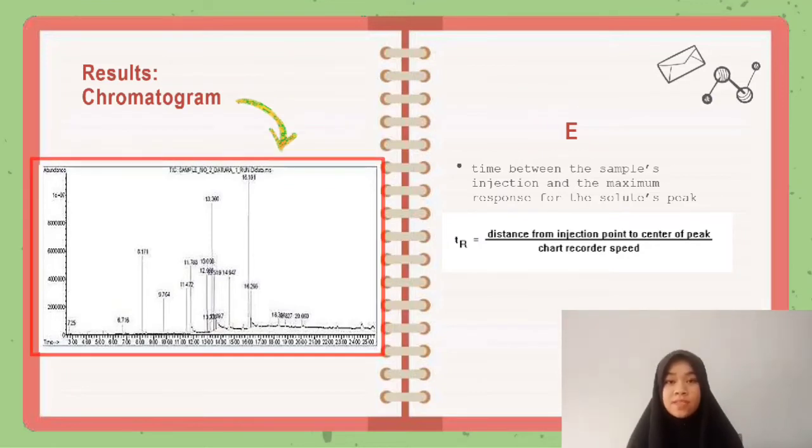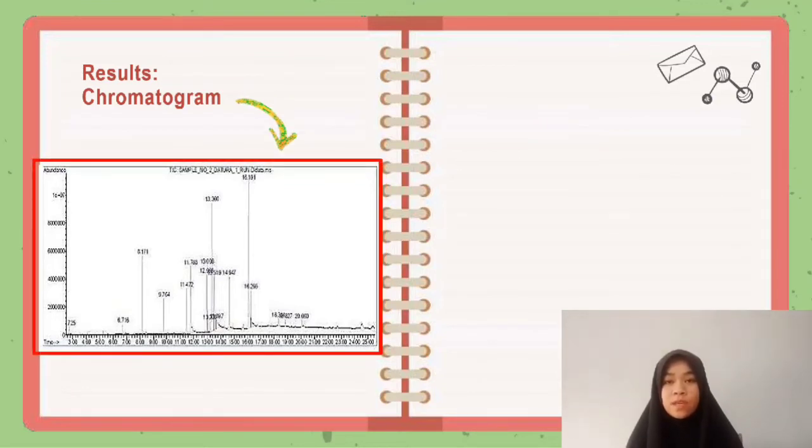Here is the fatty acid chromatogram showing the 18 different components present in Datura stramonium methyl ester, and each of the components has a different retention time.